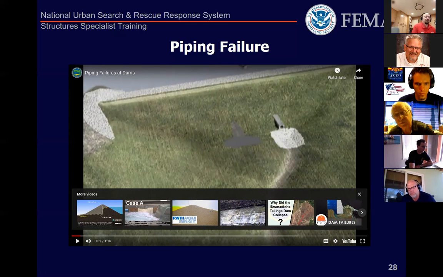That's strangely not uncommon. The pictures I used earlier with the A through G, that was Pine Creek. That dam is one that, when I was chief of the dam and levee design section as part of our dam safety production center, we did the assessment on.